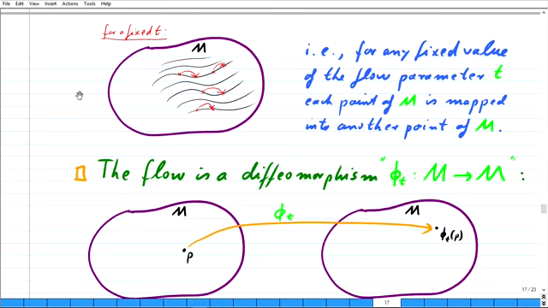Now let's say we follow these paths for a small amount of time. Generally, we can't follow them for a long amount of time. Let's just say for a small amount of time. Actually, we only need infinitesimal eventually. What does it mean? So here we have the manifold, and we have a vector field in it.